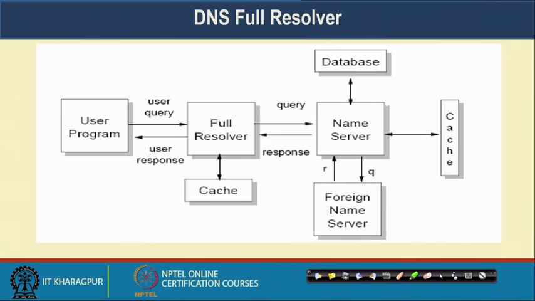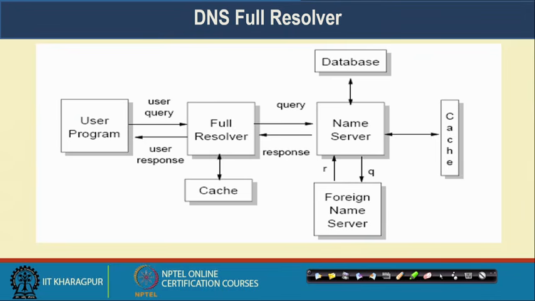Now, if I want to resolve a particular name, from the DNS resolver point of view, the user program sends a user query to the full resolver. It in turn sends it to the name server, gets the response, and in turn gives the user the response, right.